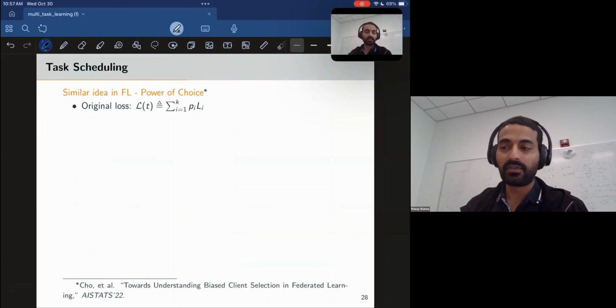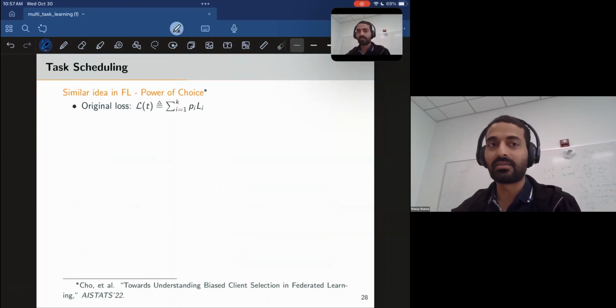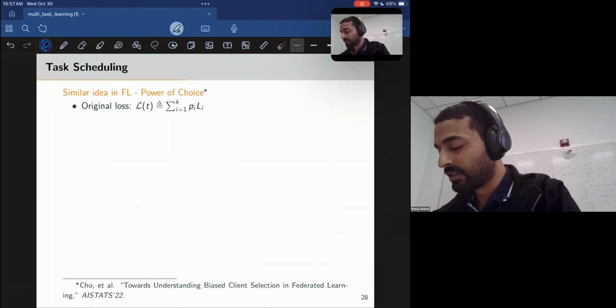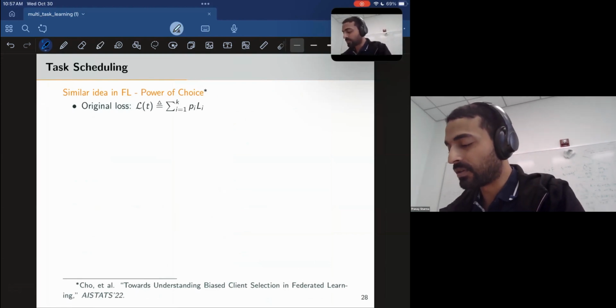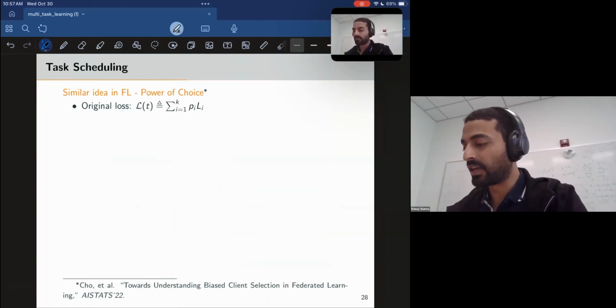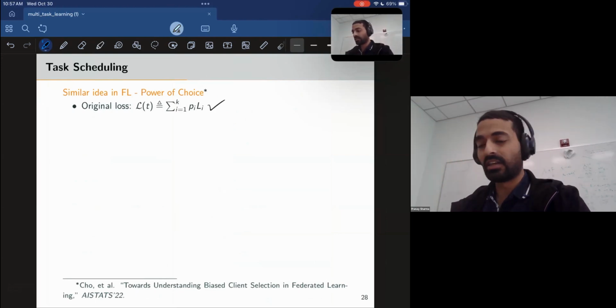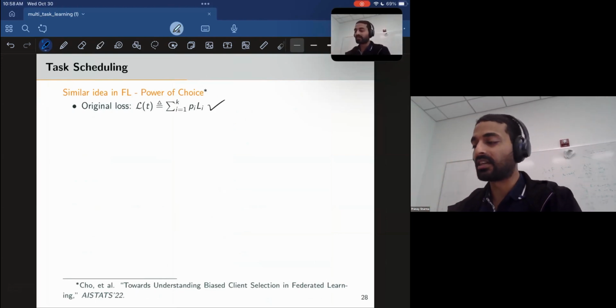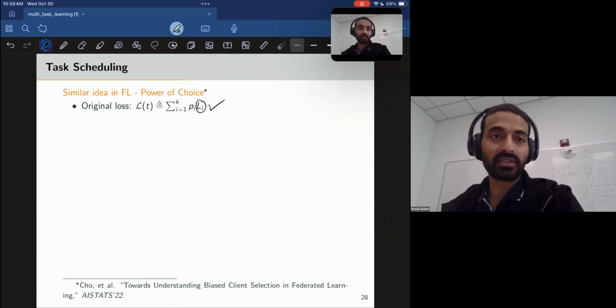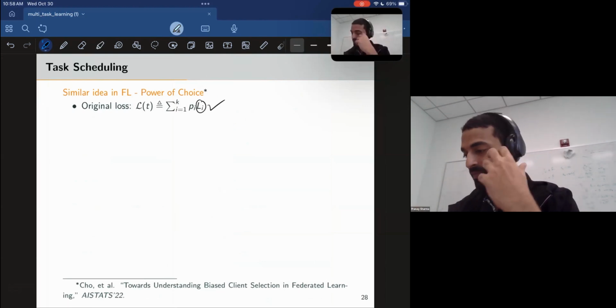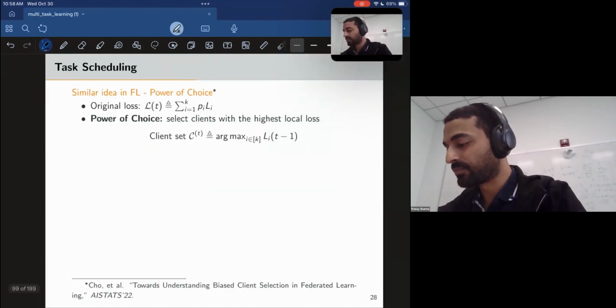And in one of the previous lectures, you have seen an idea which is very similar to task scheduling. This was the power of choice paper you might have discussed a few lectures back. Here we have gone to the federated learning setting, so these are client specific losses rather than task specific losses, and this is our original loss.